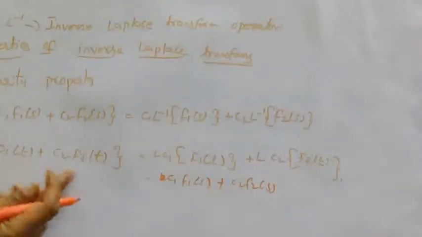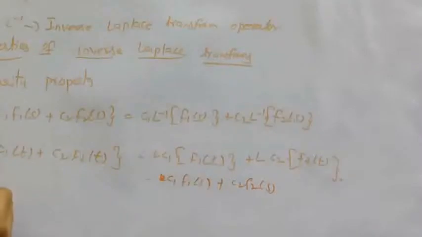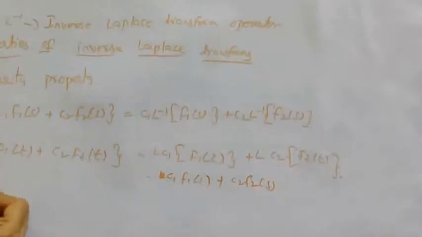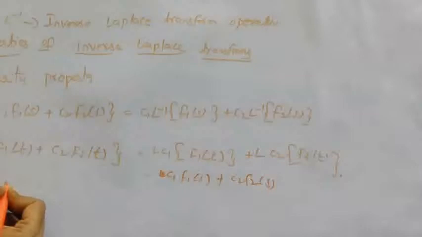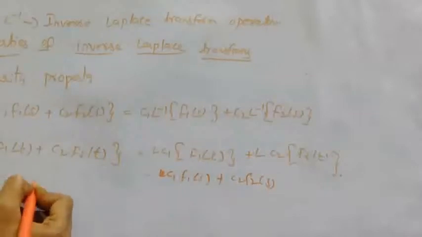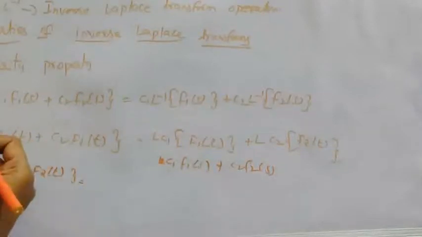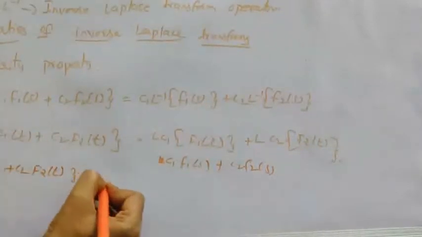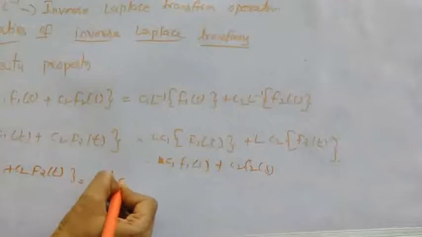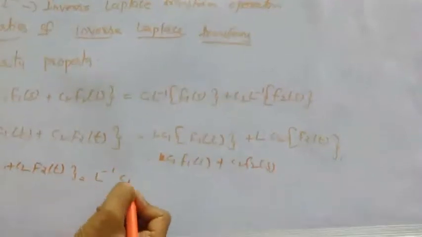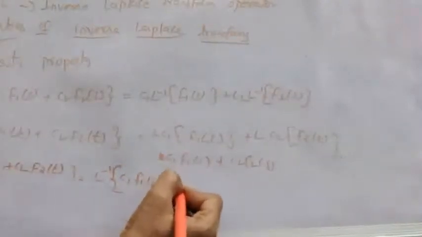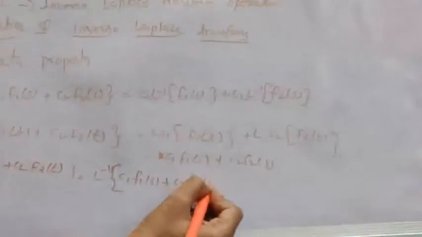What is remaining in the LHS? C1 f1 of t plus C2 f2 of t is equal to, sending L to the RHS, L inverse of C1 F1 of s plus C2 F2 of s.